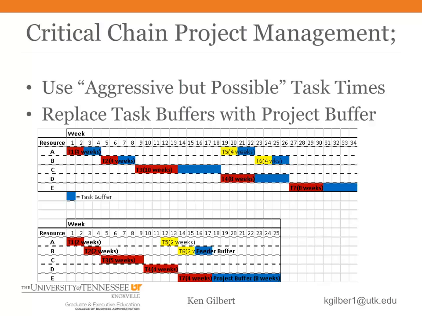But we won't need all of it unless all of the tasks took their most pessimistic estimate. So let's give the project half of the 17 weeks of buffer that we took from the task. I've rounded to 8 weeks. I've also cut the times of the non-critical task in half and inserted a feeder buffer at the end of those tasks.